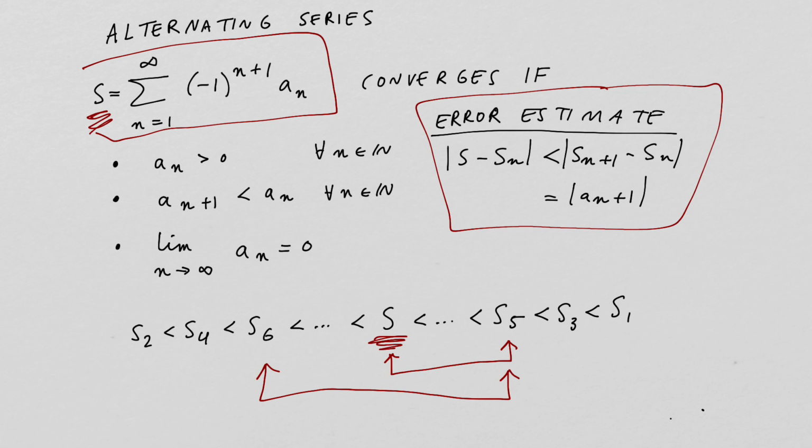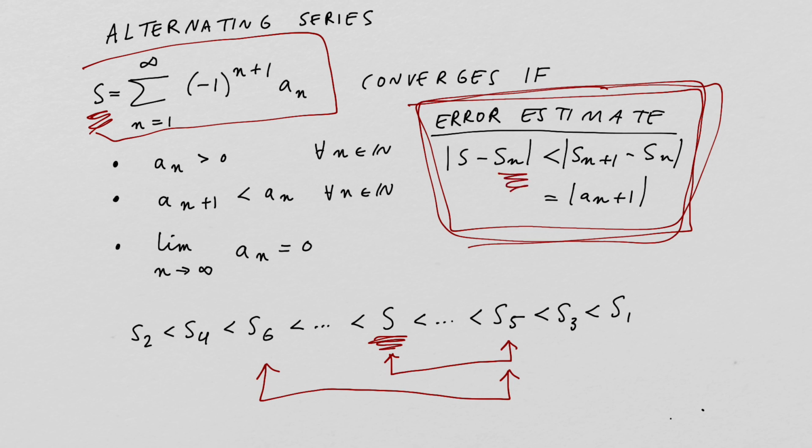So in this way we obtain an error estimate. How far are we from the sum when we calculate the number s_n? The error is at most a_(n+1) in absolute value.